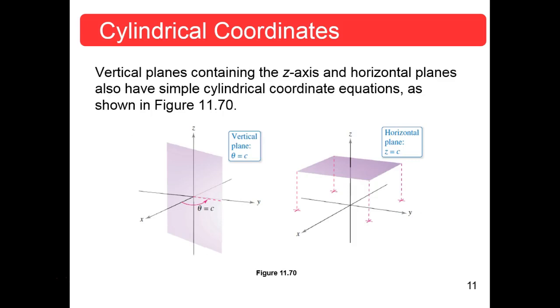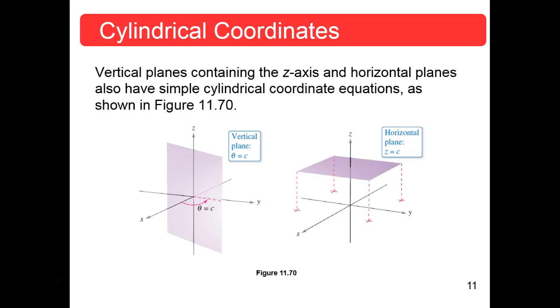Now, vertical planes containing the z-axis and horizontal planes also have simple cylindrical coordinates shown here. This would just be theta is equal to c. Any vertical plane that contains the z-axis, you just define it by whatever the angle is from the x-axis.